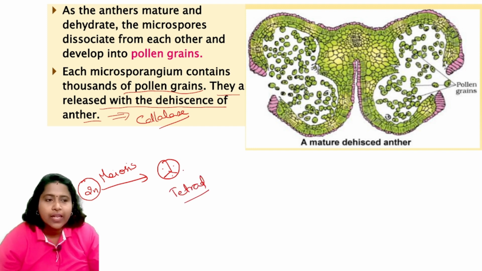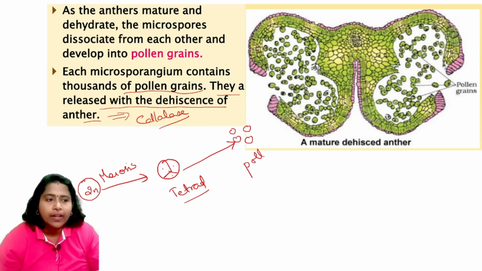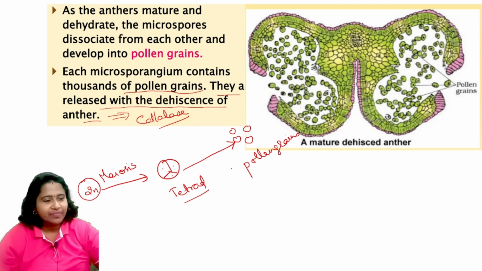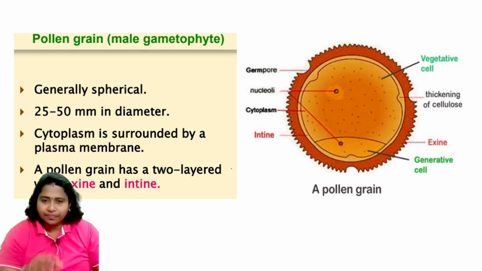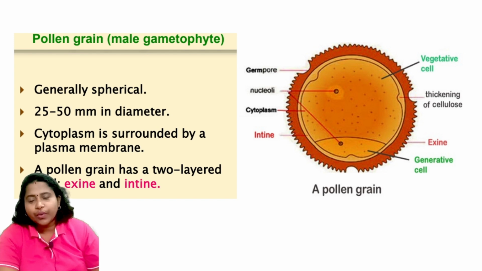Once these mature and dehydrate, the anther dehisces and they are released outside in the form of pollen grains. So the entire process is called microsporogenesis. Clear?